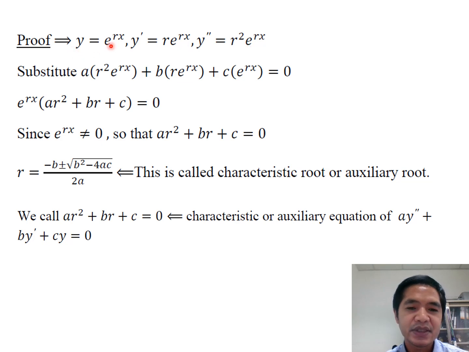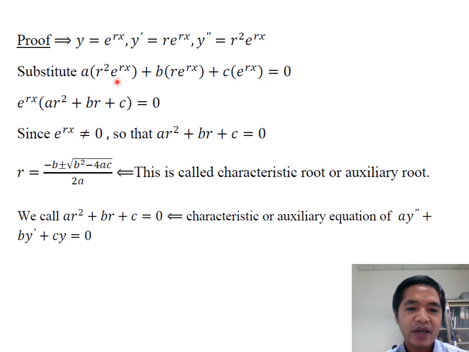Then we substitute y prime and y double prime into the homogeneous linear equation. We get a times r squared times e to the rx, plus b times r e to the rx, plus c times e to the rx, equal to 0.